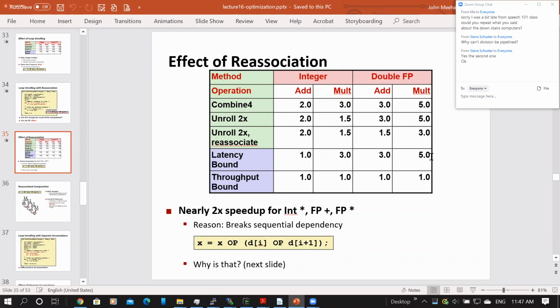The latency bound, how many pulses does it take to do a floating point multiply on this CPU is 5, but we're actually getting a result every 3 cycles because of the pipelining, right?